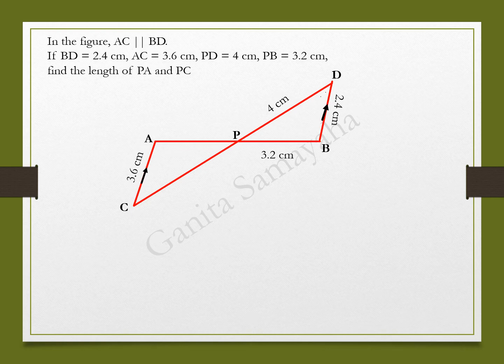So whenever you are asked to find the length and you have got two triangles, children, you must find out which are the angles that are equal in each. The equiangles. Okay. So we have got triangle APC and triangle PBD here. In these two triangles, we should identify the equal angles.